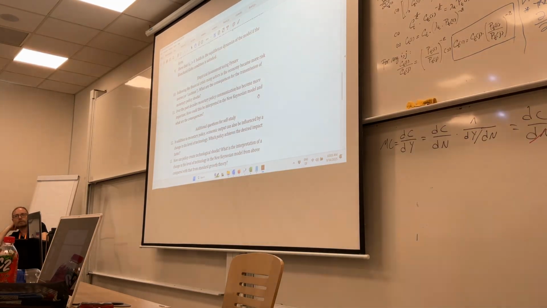So not what is the effect of a 1% surprise nominal interest rate, but let's apply this more broadly. One way to think about the financial crisis is that many people in the economy became more risk averse. Now, what does that mean for monetary policy shocks?